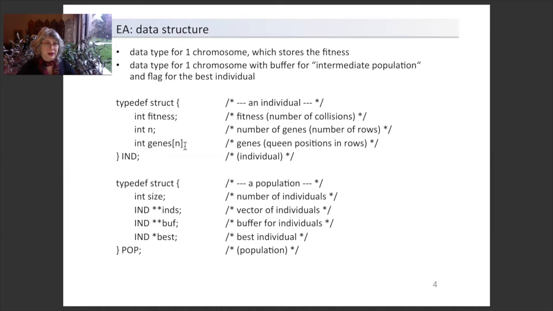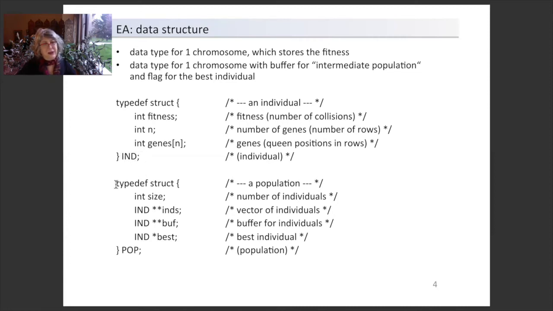And we have an array, genes, which has n entries. These are the queen positions in rows. This is the end of the definition of the individual, represented by E, I, and D.